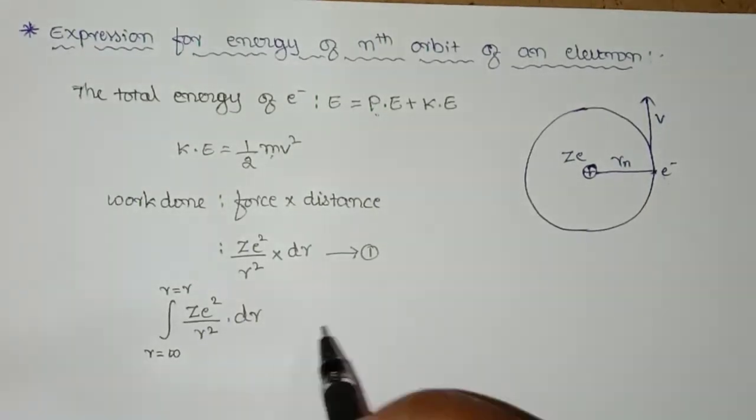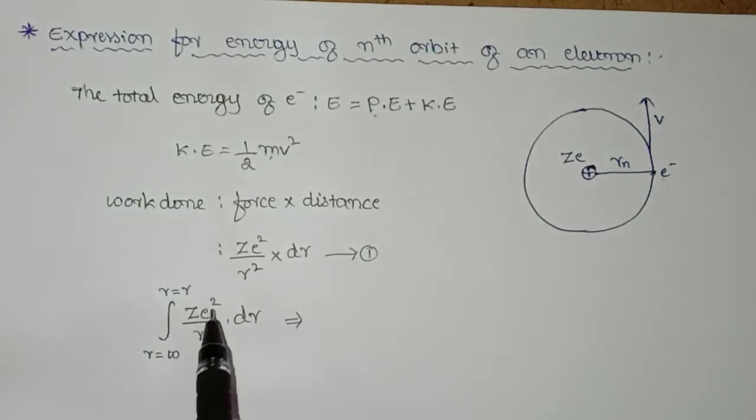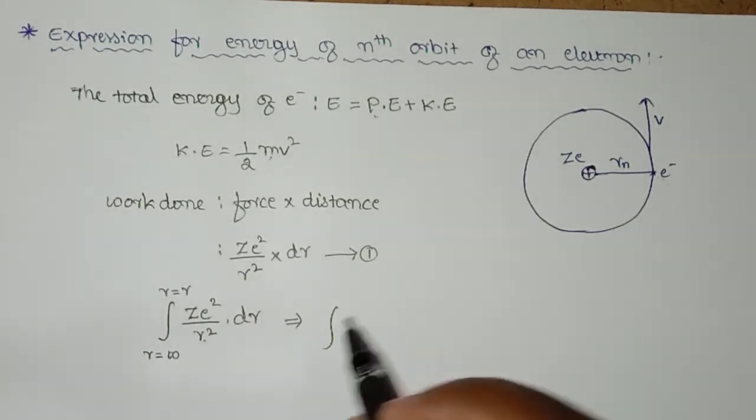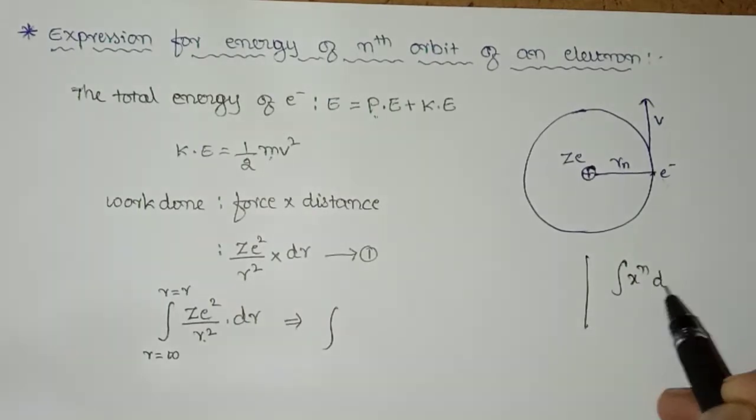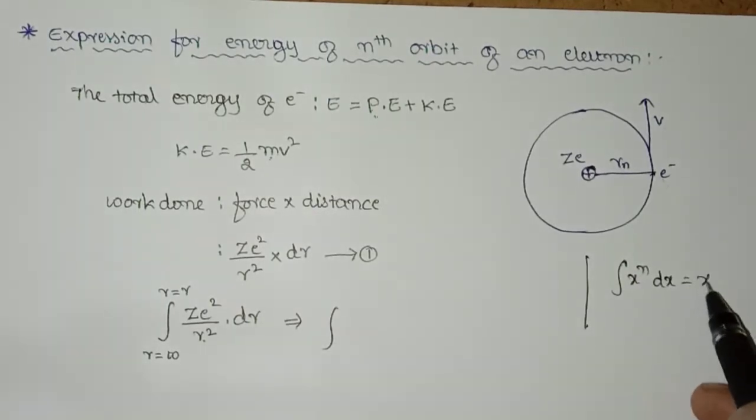Okay, so if you perform the integration, z will be a constant, e will be a constant, so only integration will be done for 1 by r square. We know that the integration of x power n into dx is equal to x to the power of n plus 1 divided by n plus 1. This is the integration value for x power n.